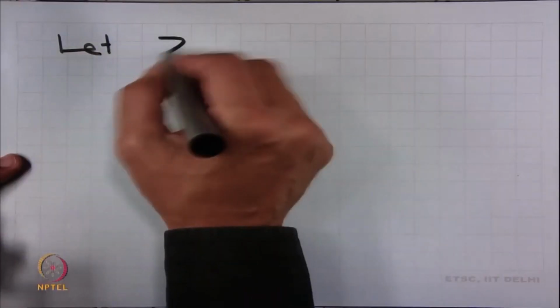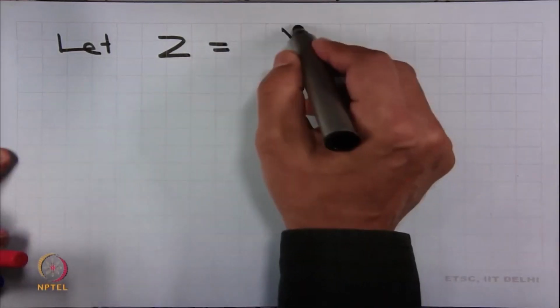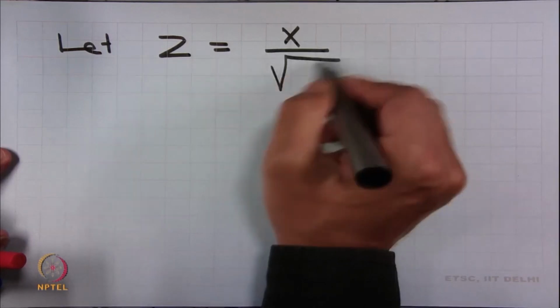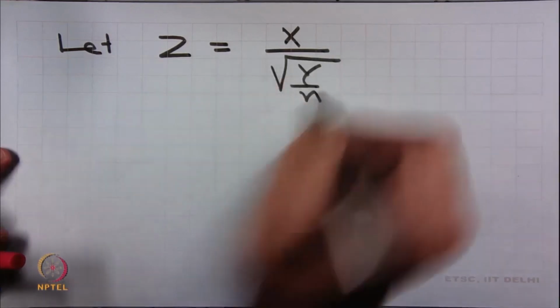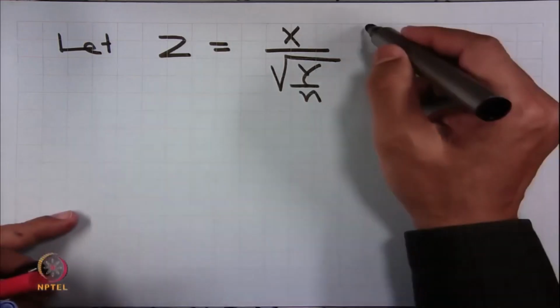So, let z is equal to x upon root over y by n. Note that this is our variable of interest.